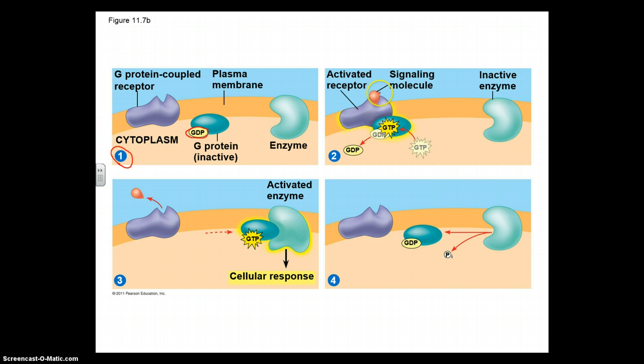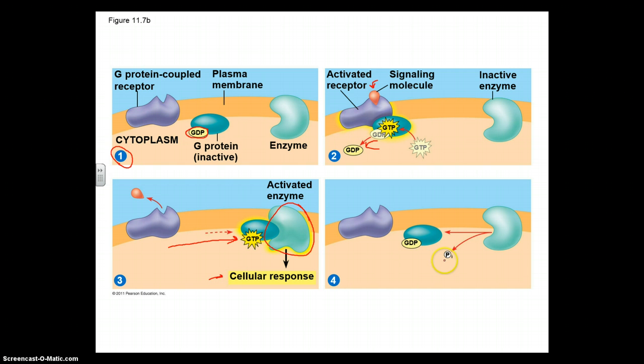However, if a signaling molecule or a ligand comes in and activates the receptor, the GDP is exchanged for GTP, and this G protein right here uses the energy from GTP becoming GDP to move along the membrane, as it does over here in the third picture, activating this enzyme right here, which will then cause some type of cellular response.